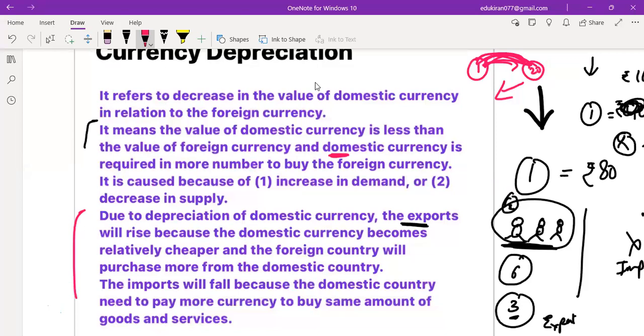No, because you have to pay more to purchase the same product. So due to depreciation of domestic currency, the export increases, but the import will fall. So this is called currency depreciation. You will quickly note it up.